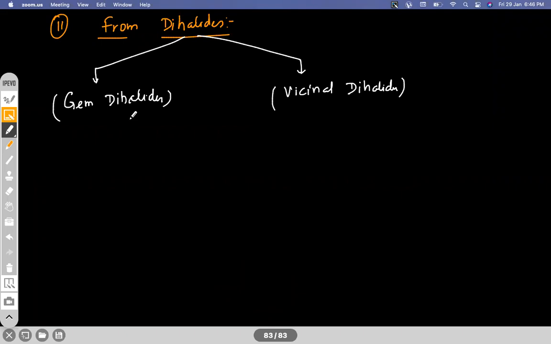What are gem dihalides? In which one carbon contains both halogens. Or write it this way: both halogen atoms, because it is a dihalide, so we have two halogen atoms, both attached to the same carbon atom.